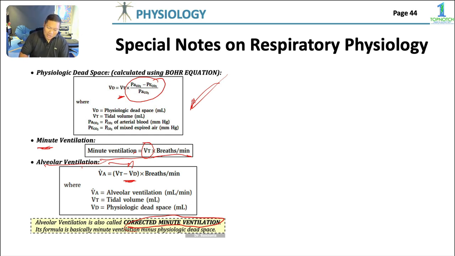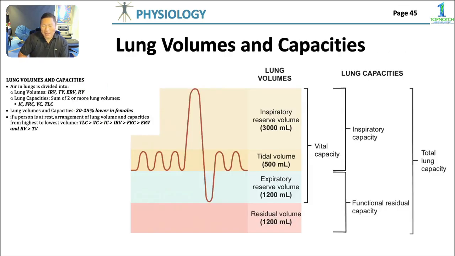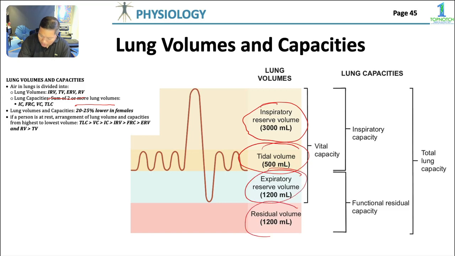Okay? Let's go to lung volumes and capacities. Okay? So, we have 4 lung volumes. Okay? And we have 4 lung capacities. When you hear the term lung capacity, it is the sum of 2 or more lung volumes. We have 4 basic lung volumes, IRV, TV, ERV, and RV.